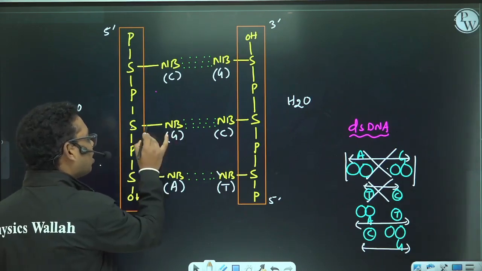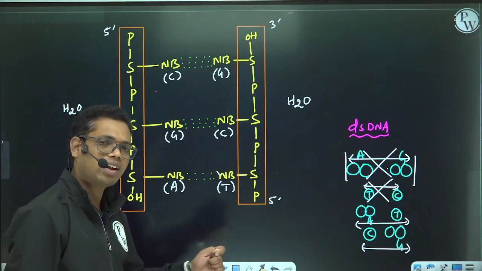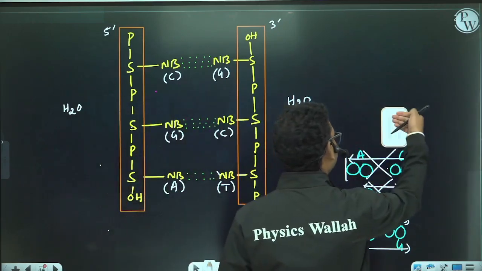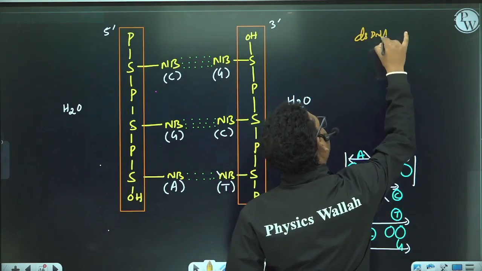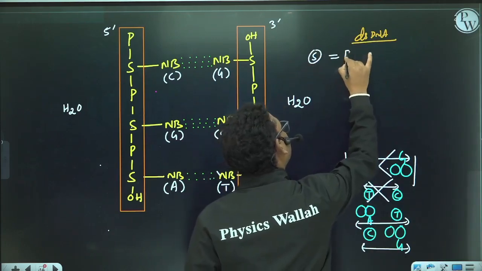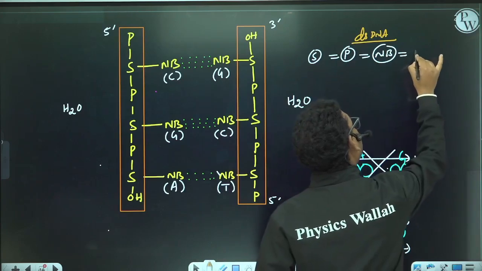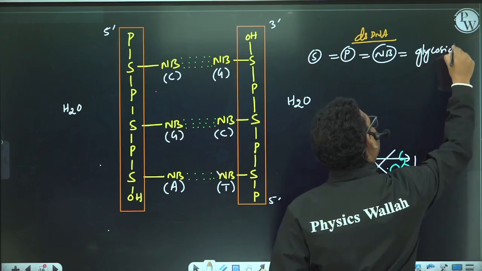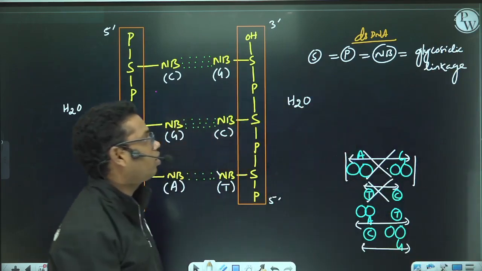The sugar and nitrogenous base are linked with a beta-N-glycosidic bond, so the number of beta-N-glycosidic bonds will also be the same. So I will write here that in a double-stranded DNA, the number of sugars will be equal to the number of phosphates, equal to the number of nitrogenous bases, and equal to the number of beta-N-glycosidic linkages.